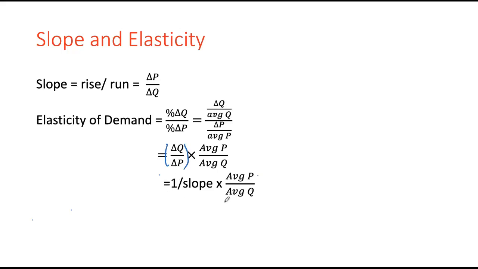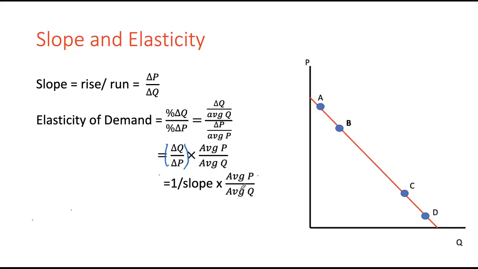Let's look at what this tells us about elasticity of demand as we move along a linear demand curve. Note that the slope is constant for a linear demand curve, so 1 over the slope, or the inverse of the slope, will also be constant whether we are moving between A to B, B to C, or C to D. So this part is not changing along this linear demand curve. But what about this ratio over here?